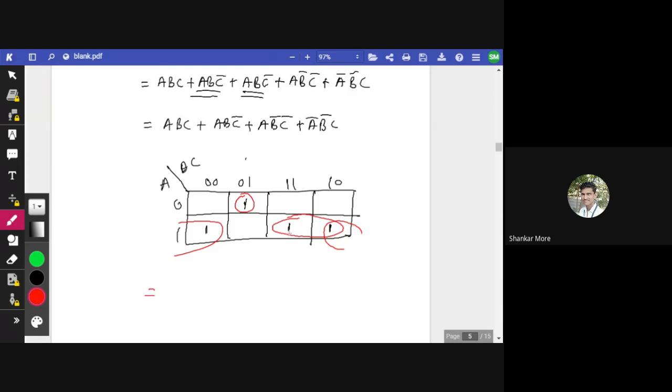The equation for this: C will get cancelled, C bar will get cancelled, so it would be AB plus, for this we have A bar B bar C, and for this one I guess B would be cancelled, so it should be A C bar.